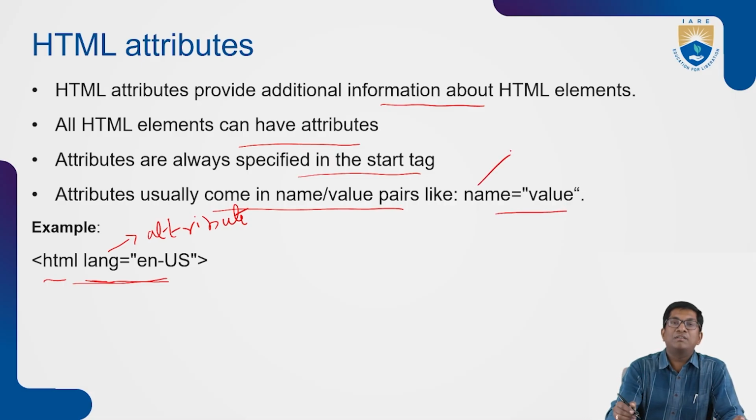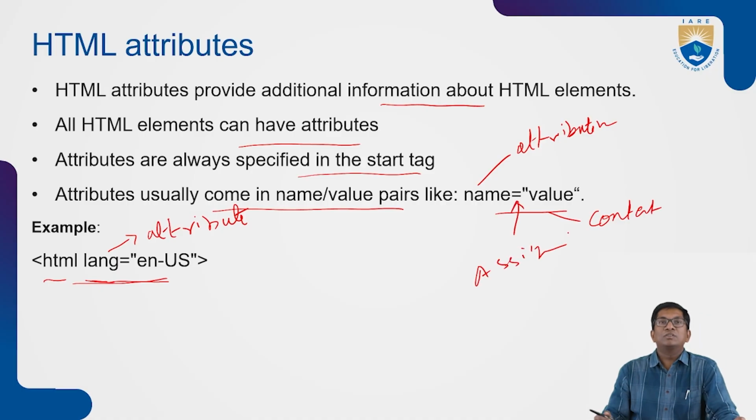Here is the attribute name, here is the actual content value, and here is the assignment operator. Like this, we can write attributes for your HTML tag to add additional information.